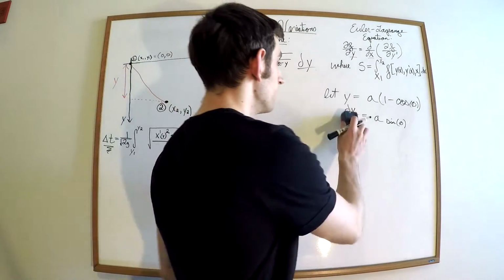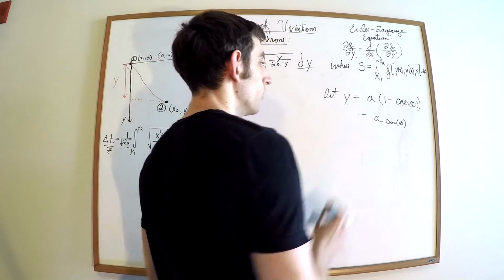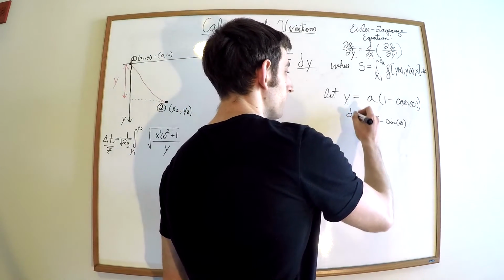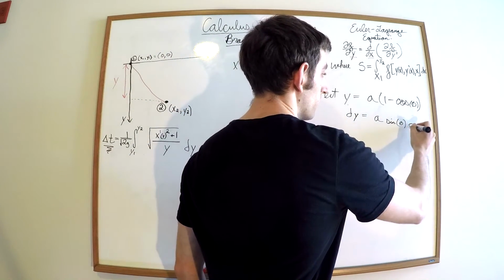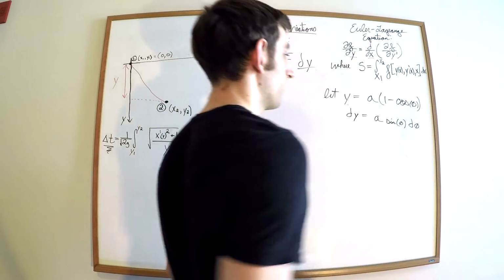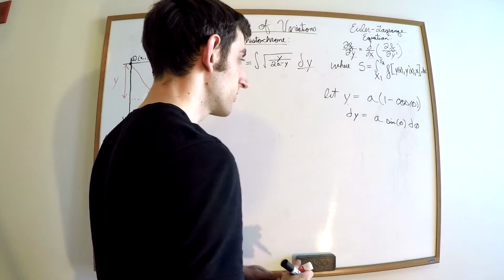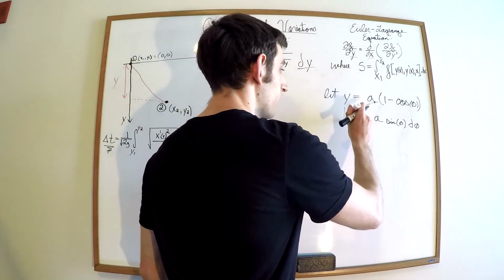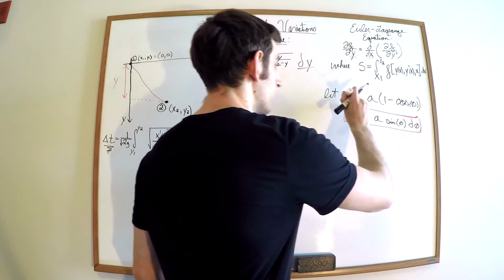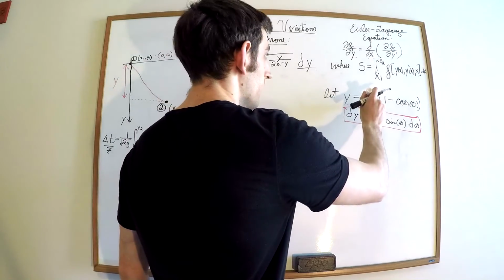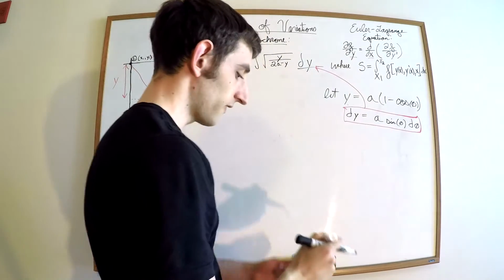Next we want to solve for dy, so we can multiply by the d theta, and we end up with that. So that's how we're going to convert this over, that's how we're going to take advantage of this substitution. I'm going to put that in red here. That's important. And then we're going to bring that guy up there.